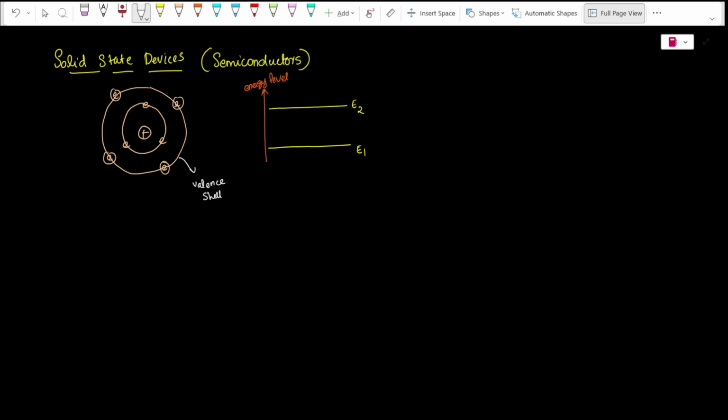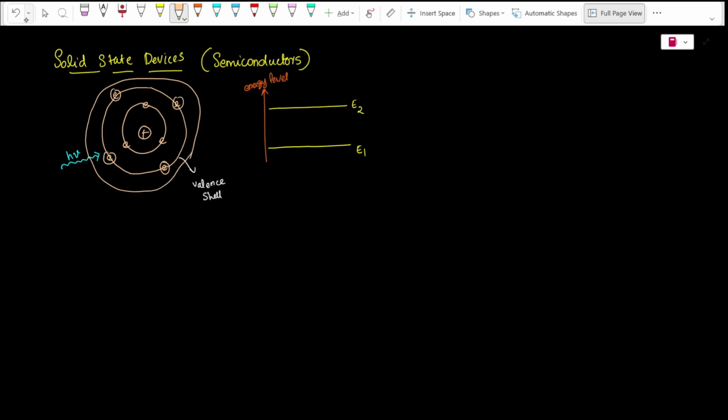You might have also learned this concept: if I supply some energy to these electrons, then these electrons can get excited to higher possible energy levels, higher possible orbits. Let's say this is a possible orbit in which the electron can go.